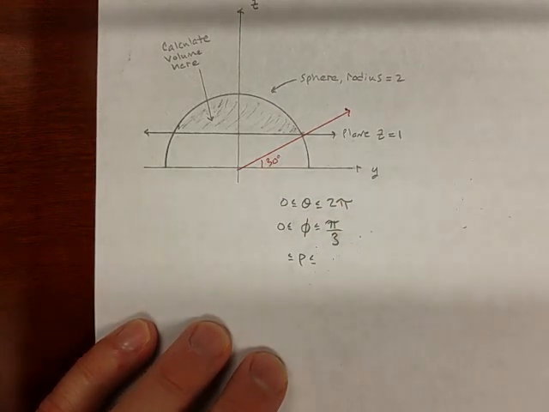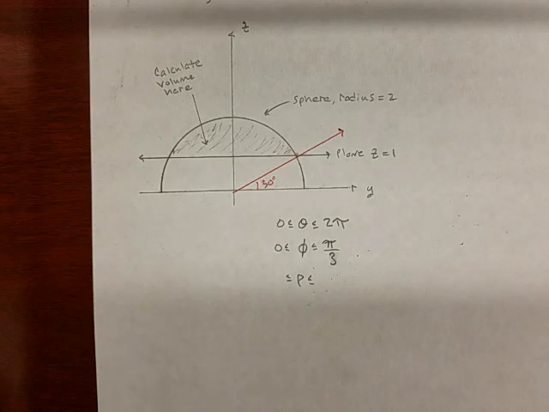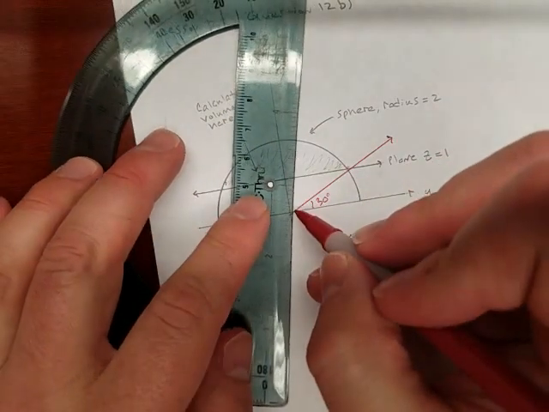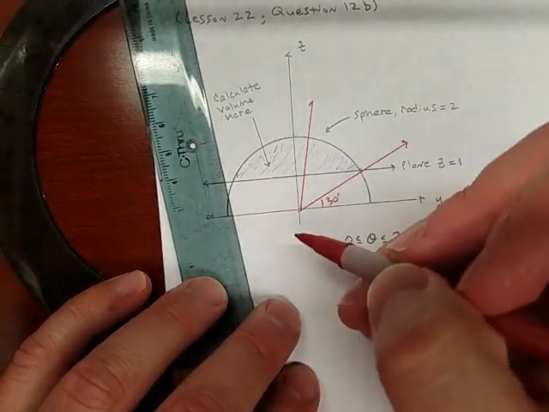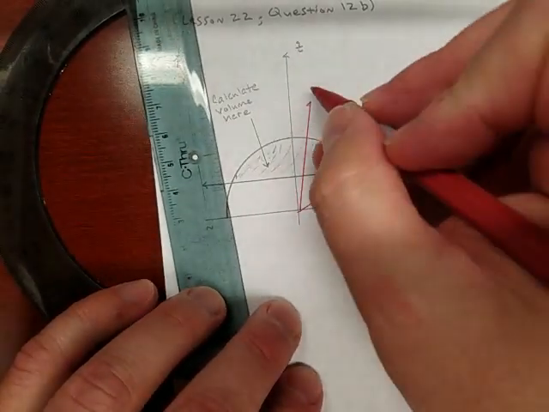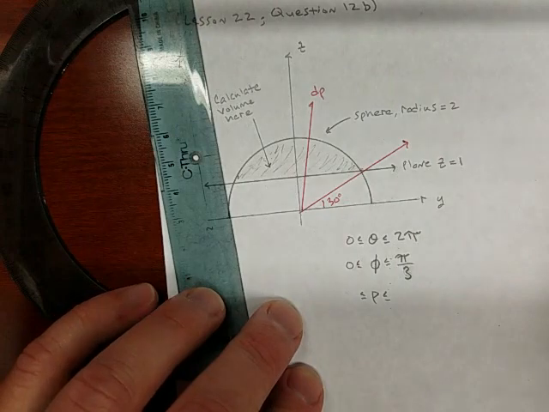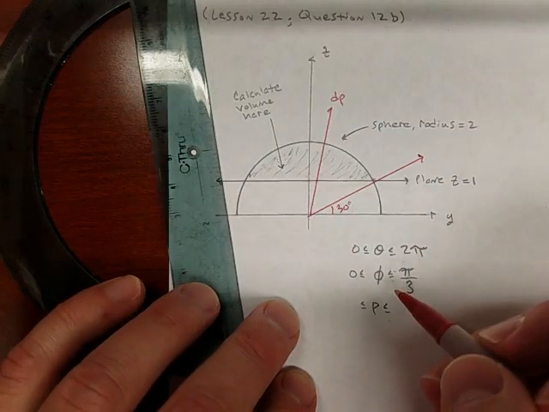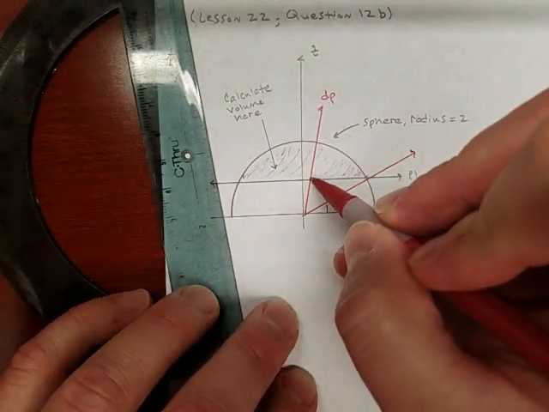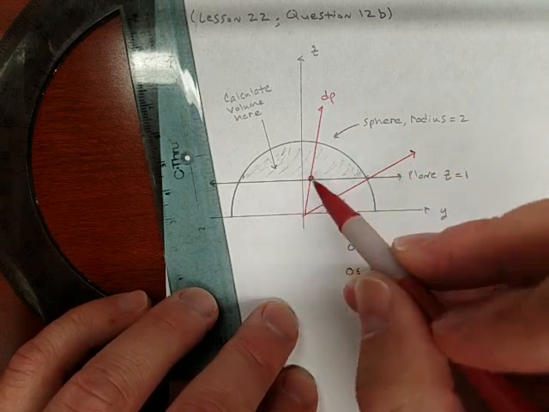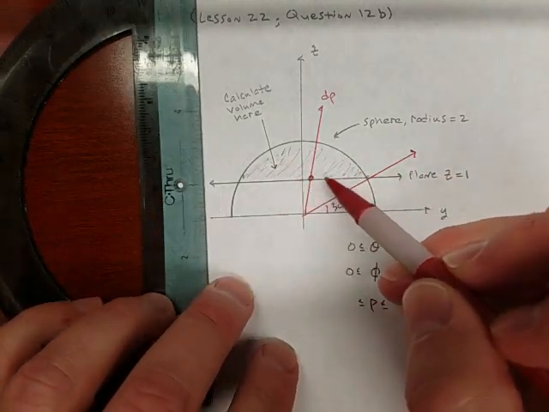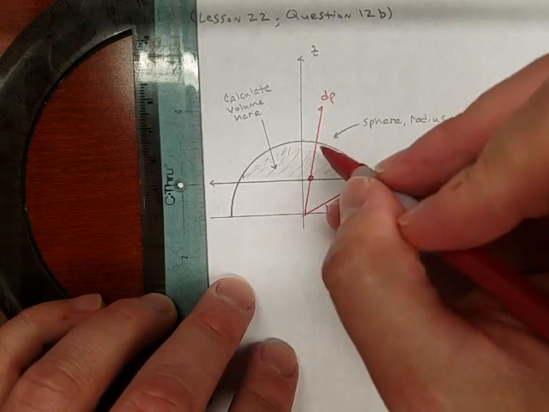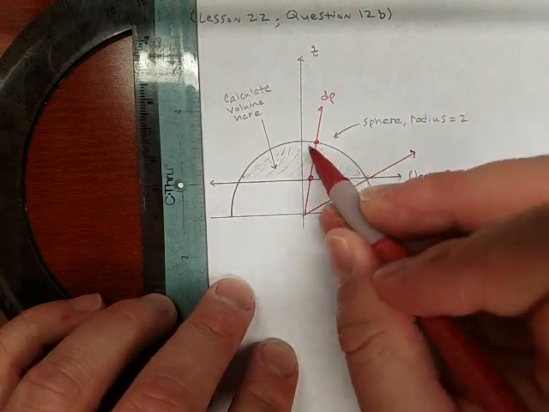We can imagine that we've got our angles, and it puts us out that way. I could call this d rho. I think about the boundaries for rho, and I noticed that no matter what, I enter this region through that plane, and I exit through the shell of the sphere.